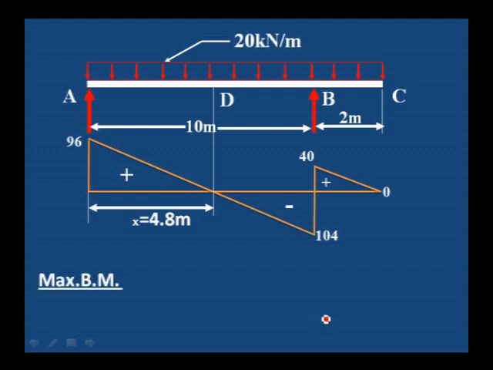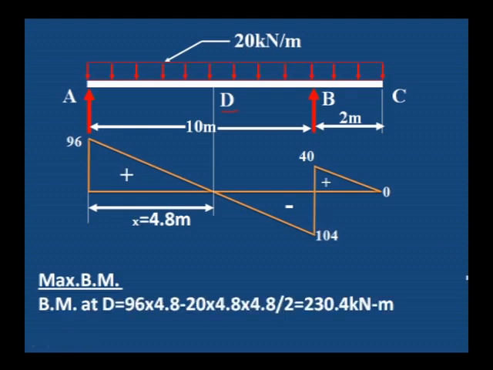To calculate the maximum bending moment, we can take the moment from A to the point where the shear force changes its sign. We can call it point D, at a distance of 4.8 from the A point. Bending moment at D is equal to 96 into 4.8, minus the load 20 into, this is a clockwise load.